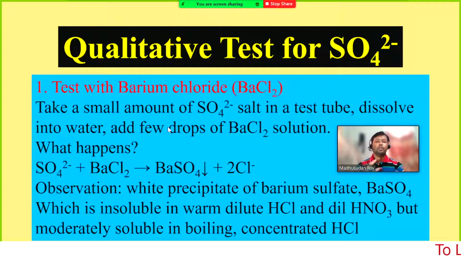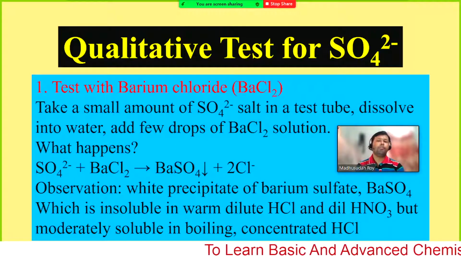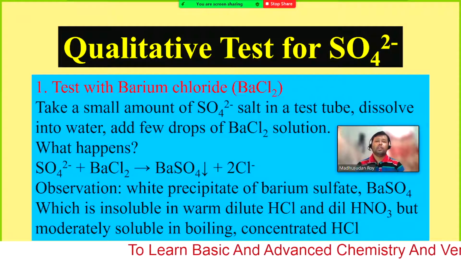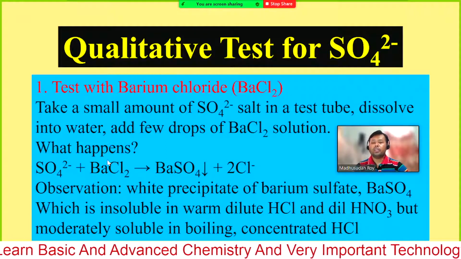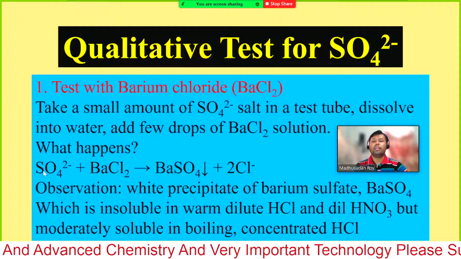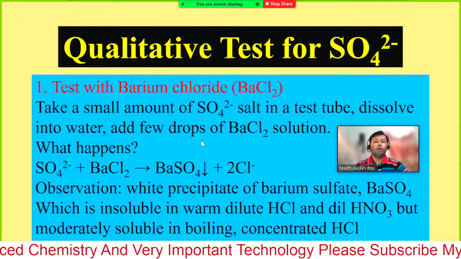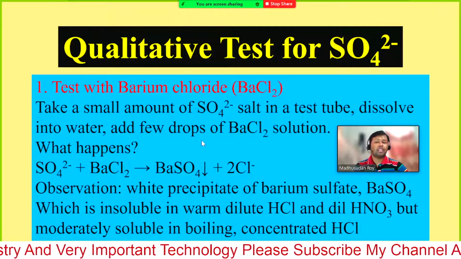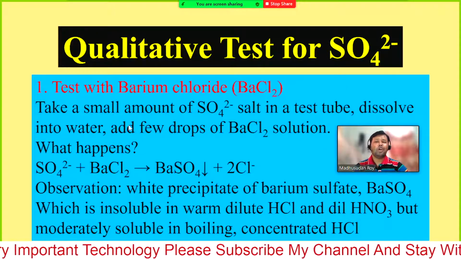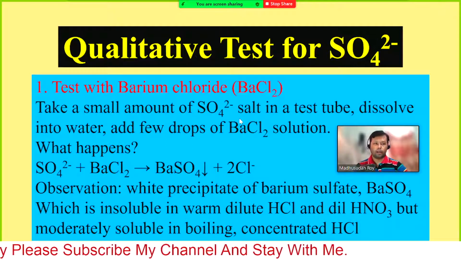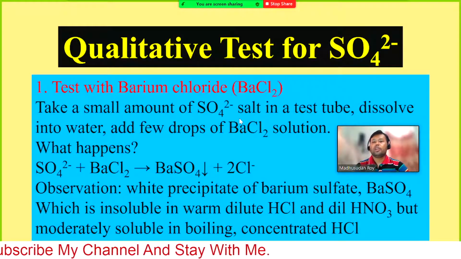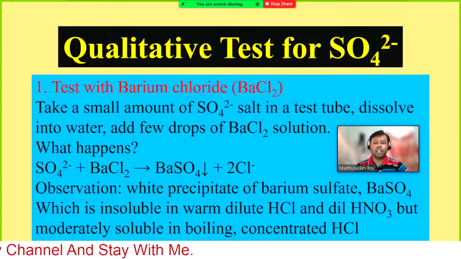So first you have to take the sulfate salt and dissolve it in water, then add a few drops of barium chloride solution. What will happen? You have the sulfate salt and you have added barium chloride to your OS, that means original solution. You have made the original solution by dissolving the salt into distilled water, that is known as OS or original solution.